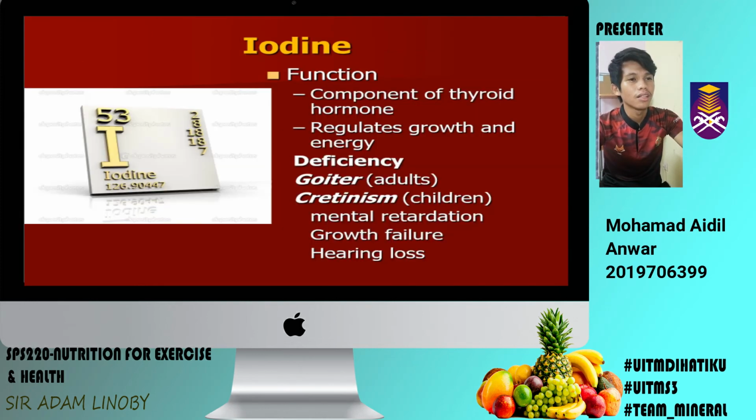Next mineral is iodine. The function of iodine is as a component of thyroid hormone, regulating growth and energy. Deficiency of this mineral will lead to goiter for adults and cretinism for children, and also mental retardation, growth failure, and hearing loss.